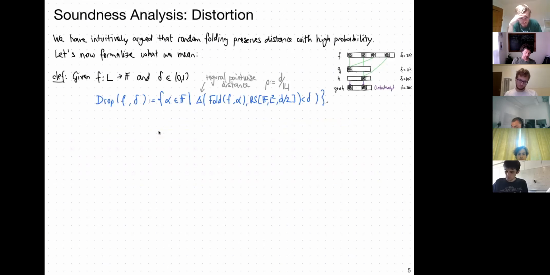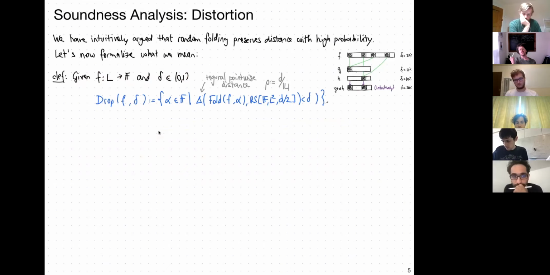Good. So take some function f and some distance delta. I want to say what is the drop set of f with respect to the parameter delta. Before we look at the equation, let's say what it intuitively means. It tells us what are the random coefficients according to which we fold where we will lose distance.